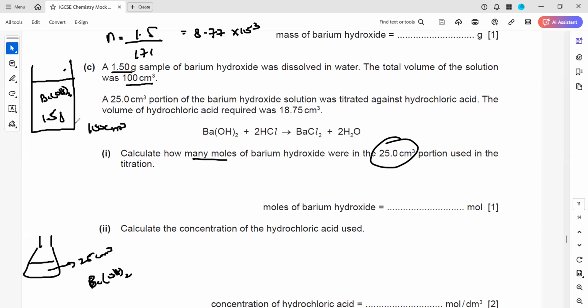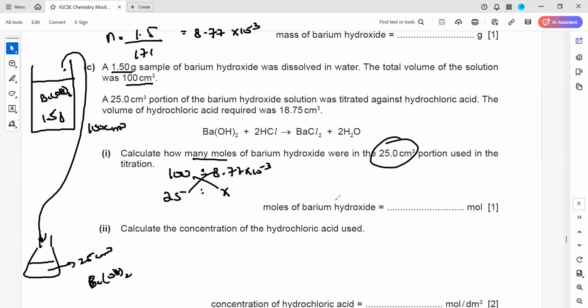But these are the moles in 100, and I just took only 25 cm cube out of 100. If 100 cm cube contains 8.77 exponent minus 3 moles, and I took only 25, how many moles should be there? X. We'll cross multiply.